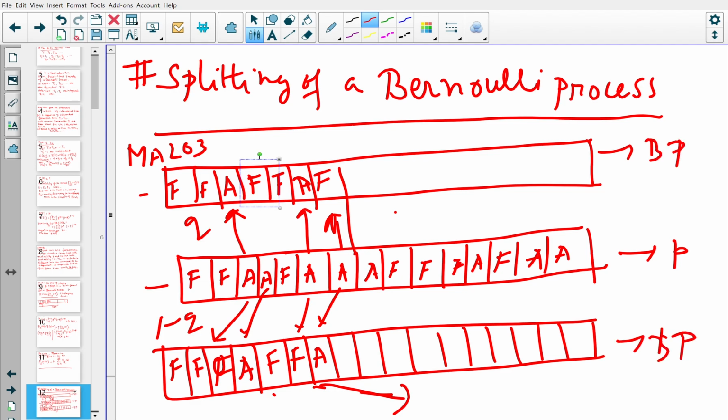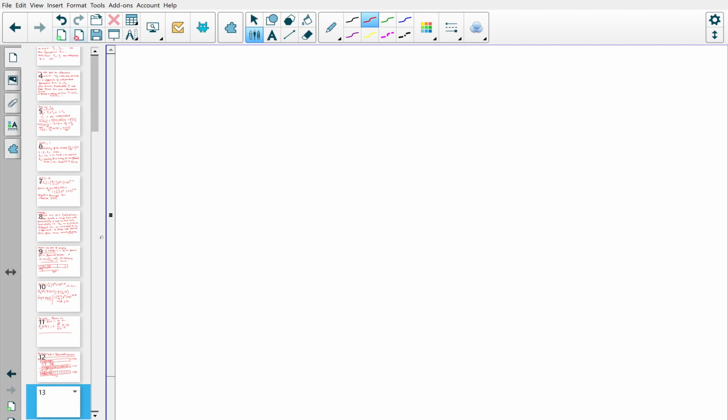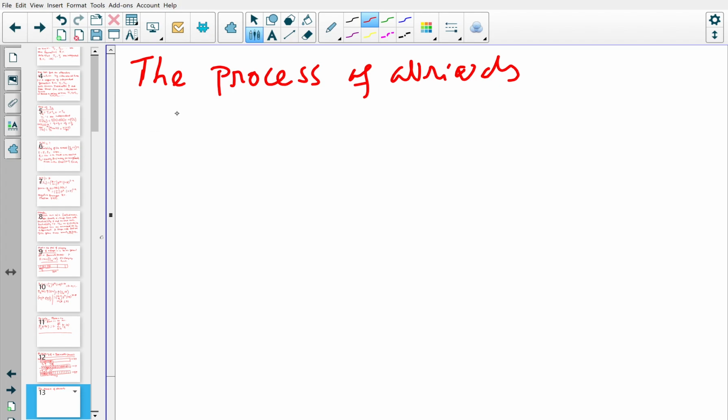Okay, so now the question is that if our original process was a Bernoulli process with probability p, then the process of arrivals, you can write down keep and discard, right?